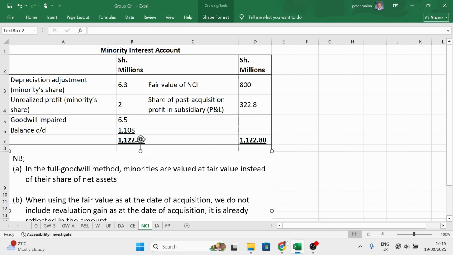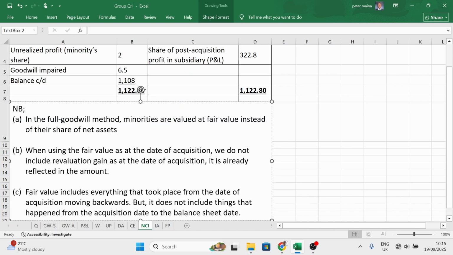So a few things you are supposed to note. One, in the full goodwill method, minorities are valued at fair value instead of their share of net assets.